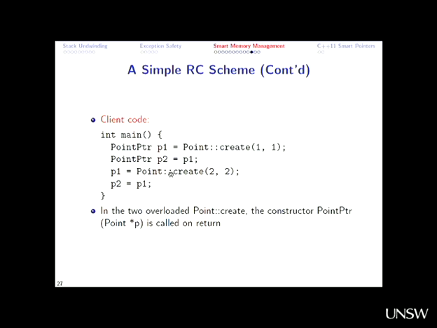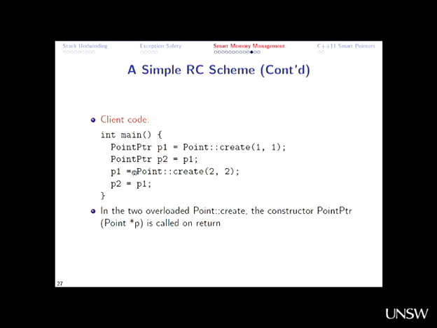I've got 2 named point pointer objects. I have 1 temporary point pointer object. So overall I've got 3 point pointer objects. I have 2 point objects. One is reference counted to 2, one is reference counted to 1. Are we following this so far? It's getting a little bit tricky.